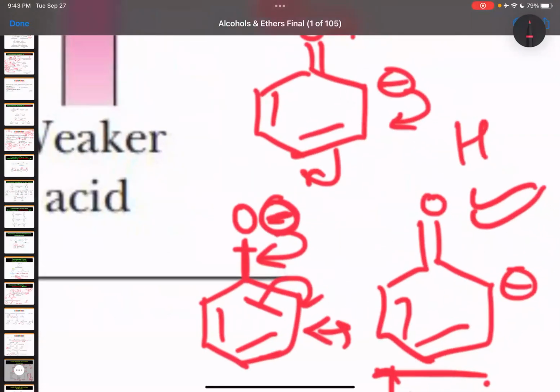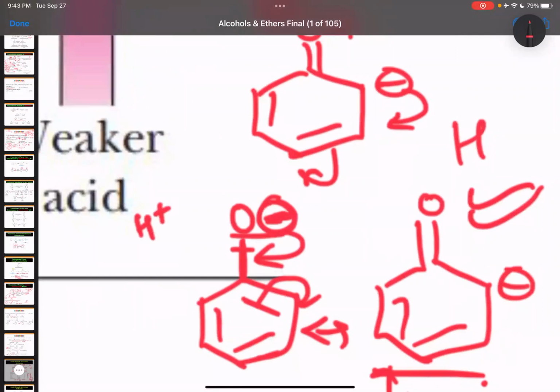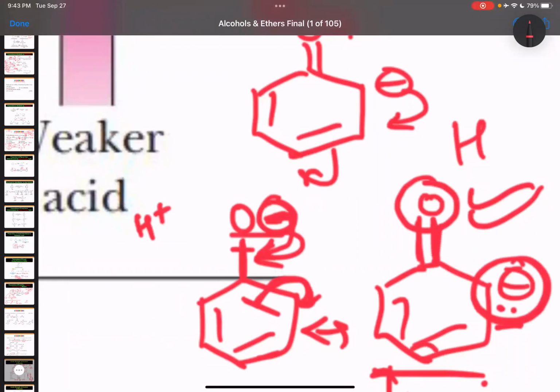See over here, this is minus because H plus has gone. When these electrons come over here and form a double bond, these pi electrons need to be shifted away in order to make space for the incoming double bond. This is minus. So the minus will remain minus, but this O will become neutral. The minus will come over here, it will come over here, it will come over here.